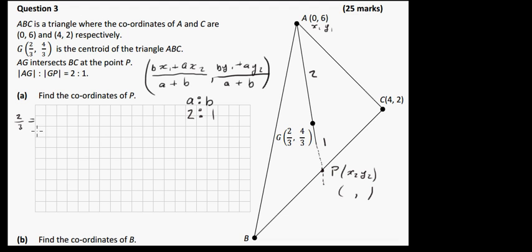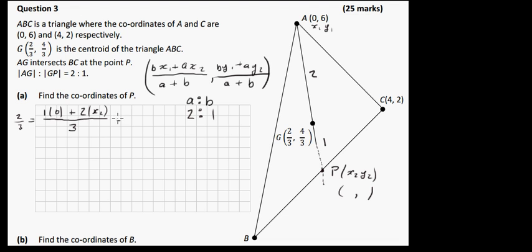So B is 1. X1 is 0, so we can put 0 in there. A is 2, so we're going to put a 2 in here. And x2, we don't know what x2 is. That's what we've got to work out. So we're going to put that in there. That's all over A plus B, which is just 3. 2 plus 1 is 3.